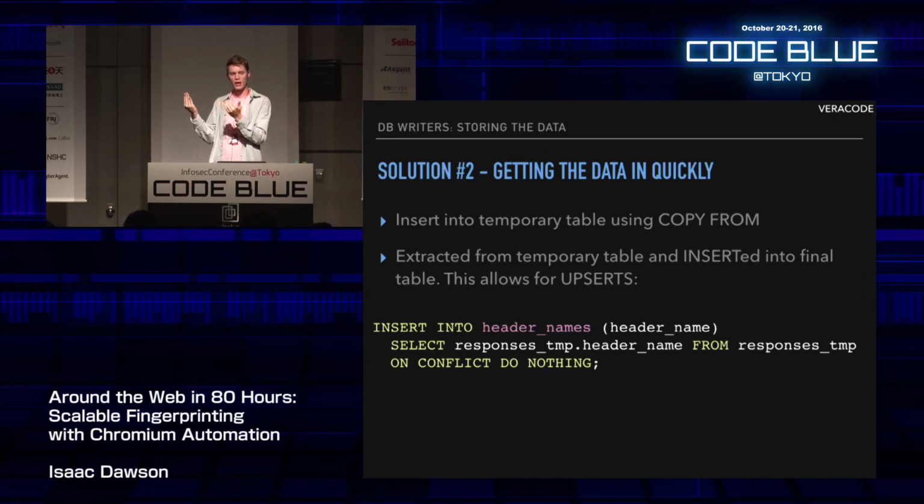If I did not have upsert support, when I tried to write to that, it would have a unique constraint violation, which means my transaction would fail, and I would not be able to write the other 99 headers that I needed into that table. By having this on conflict do nothing, it says, okay, this header name's already there, but you're not going to do anything about it, so just insert the other 99. So upserts are very key for this type of work.